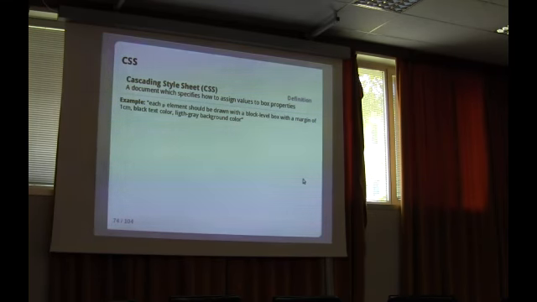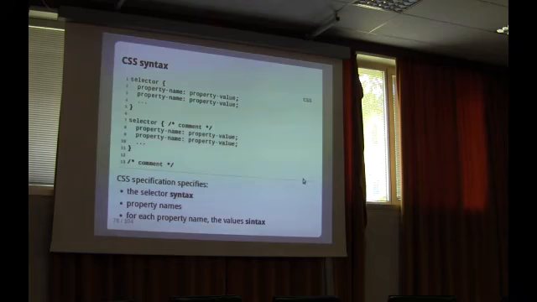The first declaration concerns the block type, and the value is block level box. The second is margin, and the value is 1 centimeter. The third is color, text color, and the value is black, and so on. This is informally. Formally, this is the syntax of a CSS document.